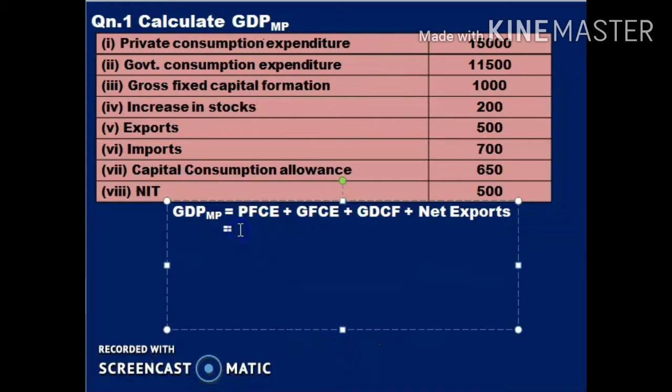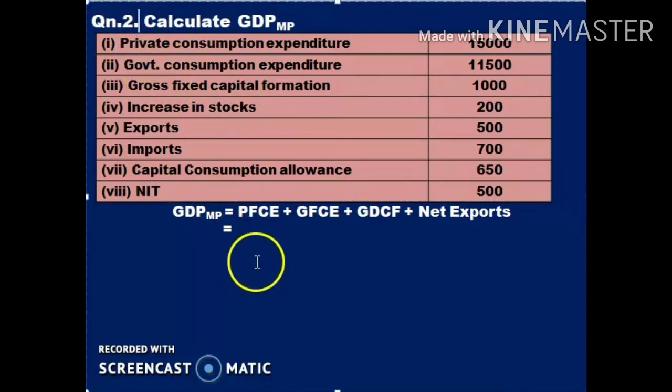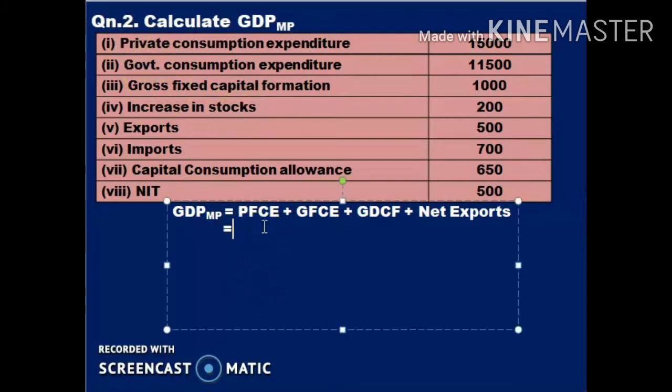This is another question, to find GDP MP. How will you calculate? Here private consumption expenditure is given as 15,000, so you can directly write it. Government consumption expenditure is also given, so you add that.